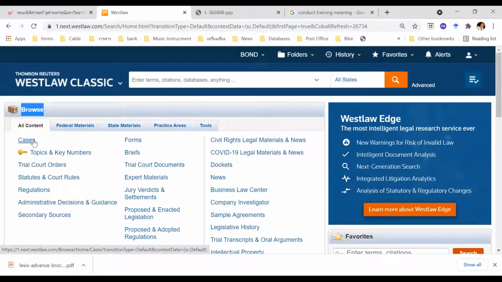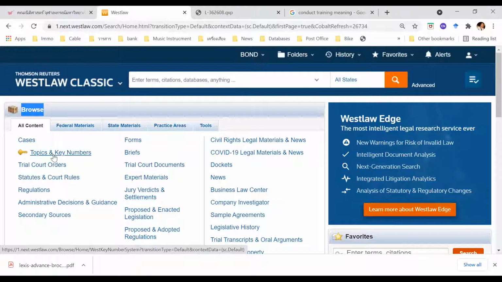So you want something narrower on your topic. You don't have any idea of specific terms to search in cases. Westlaw supports you on your topic. If you want to search on the cases, just look for topic and key numbers.